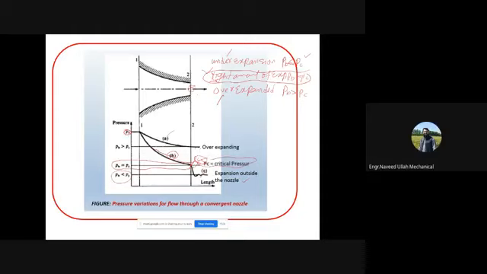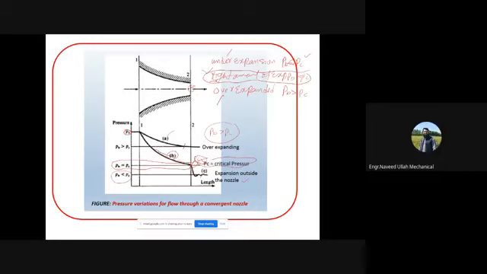Similarly, in over expansion, your PB is greater than PC. So you can see here that P1 decreases right away, and even before section 2 the expansion completes and it attains this value.